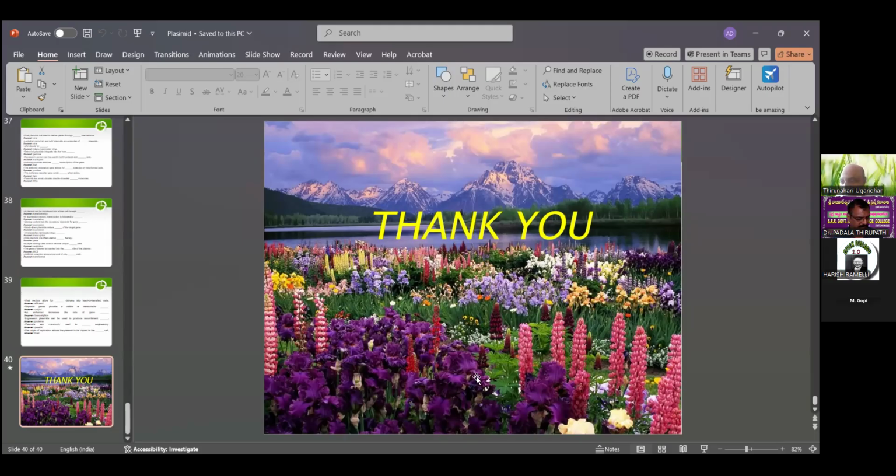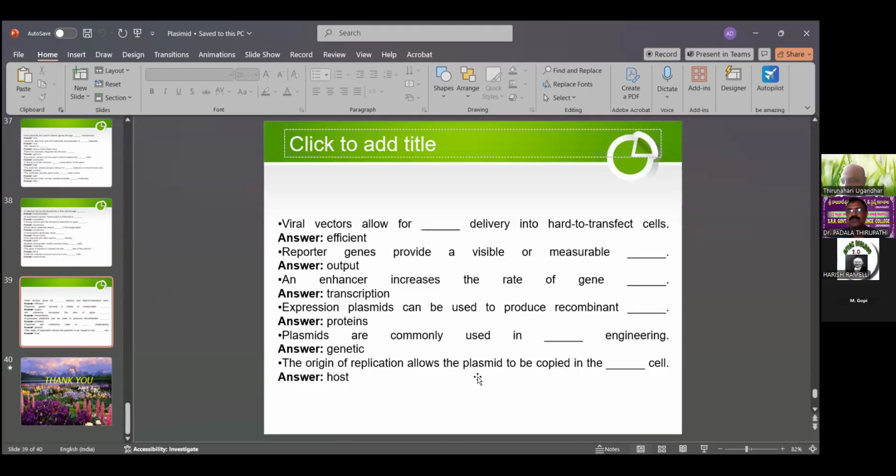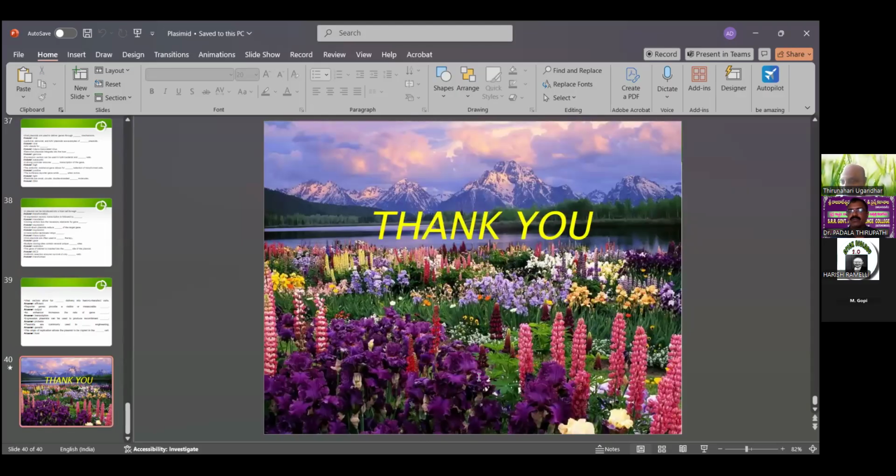Today's most important topic is related to the extranuclear genome or the prokaryotic genome, especially cytoplasmic inheritance, the plasmid DNA or extrachromosomal DNA.